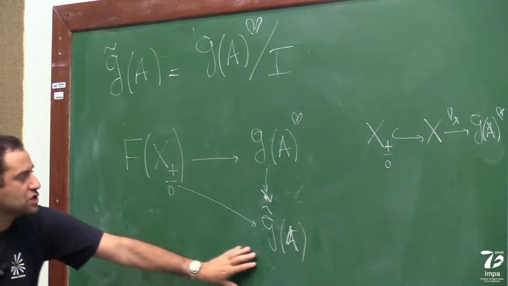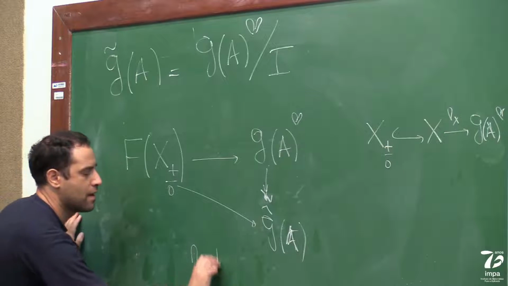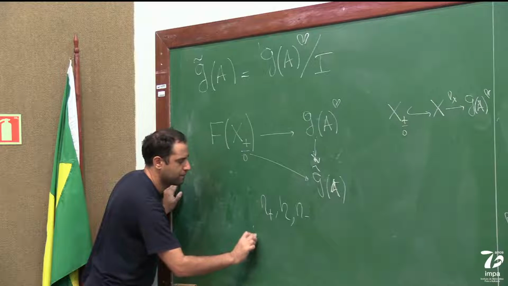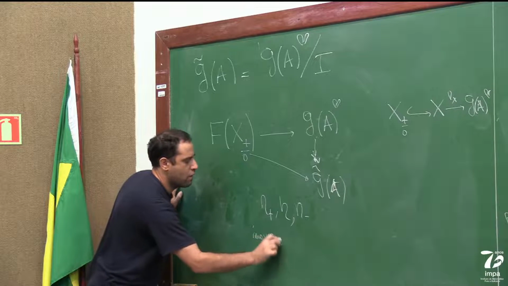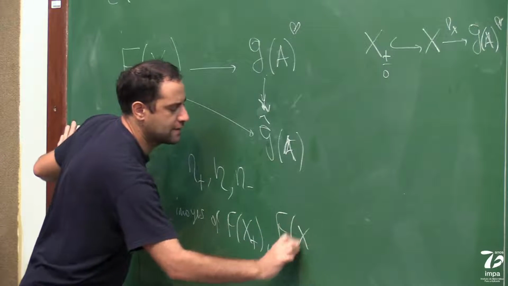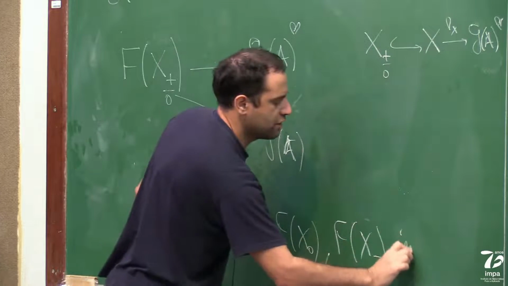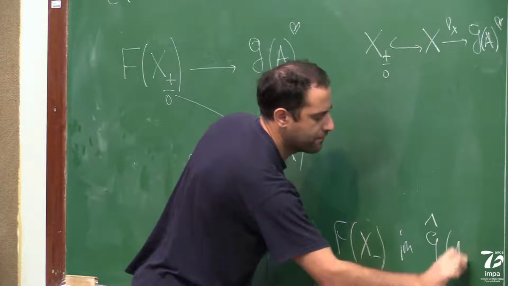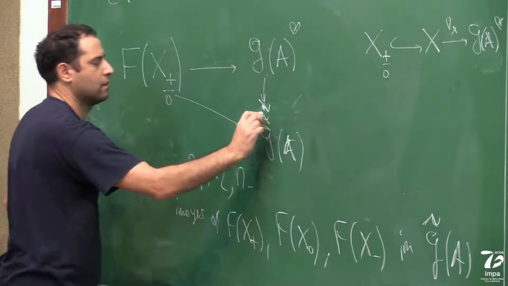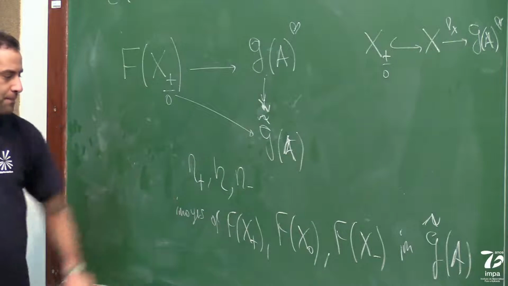Let me call the images of these three Lie algebras inside of here N plus, H and N minus. So this is the image of F of X plus, F of X0, or F of X minus in G tilde of A. Okay, so this is the image of these three guys here.